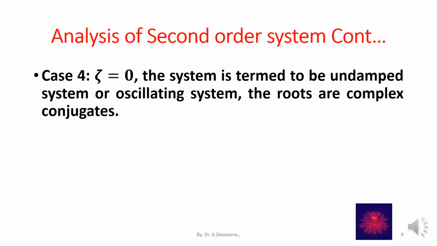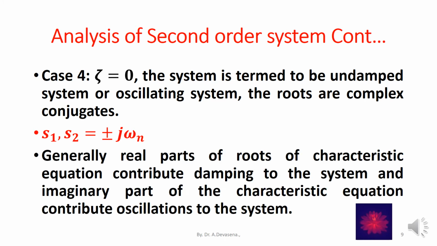Case 4, zeta is equal to 0. The system is termed to be undamped system or oscillating system. The roots are complex conjugates for the undamped system. Here is the value of the roots. s1, s2 is equal to plus or minus j omega n for undamped system.